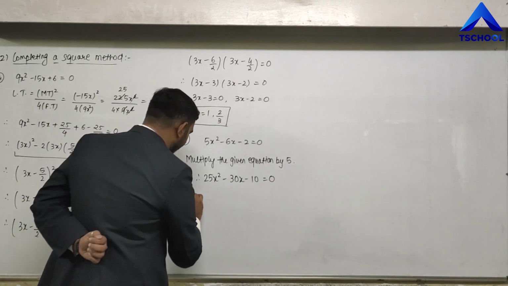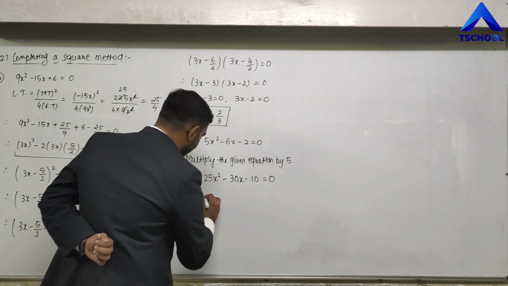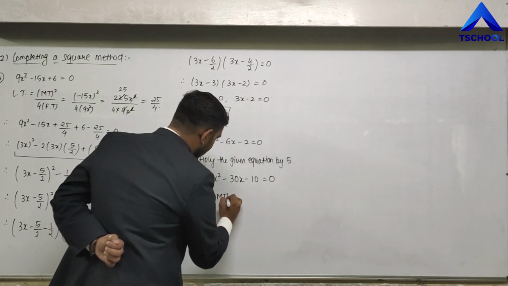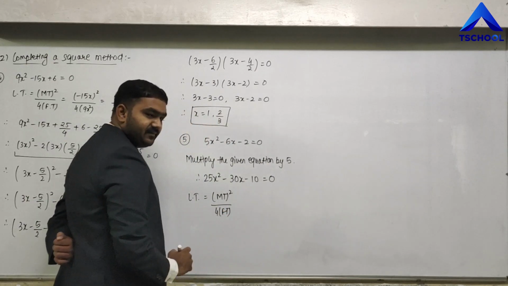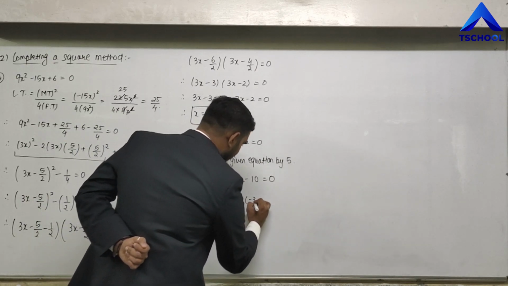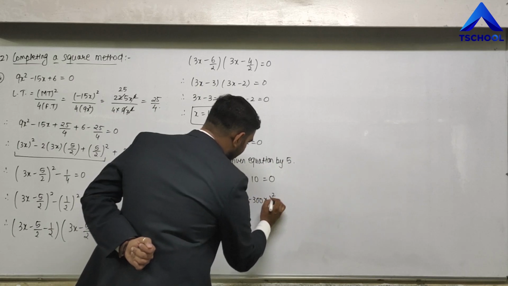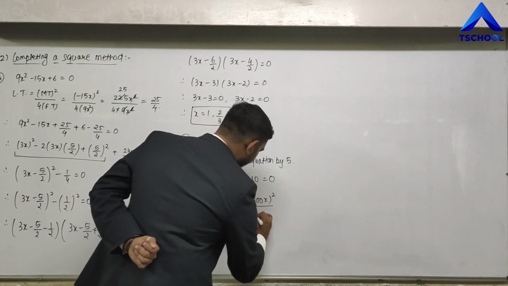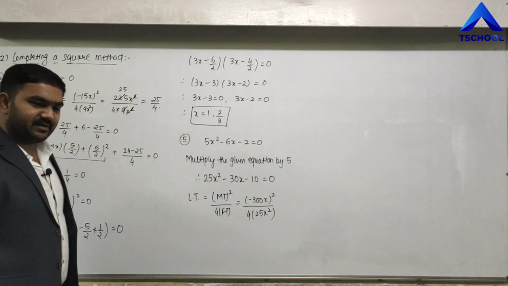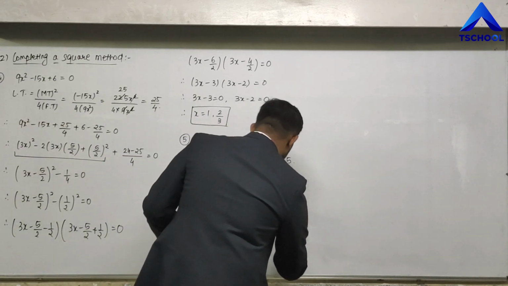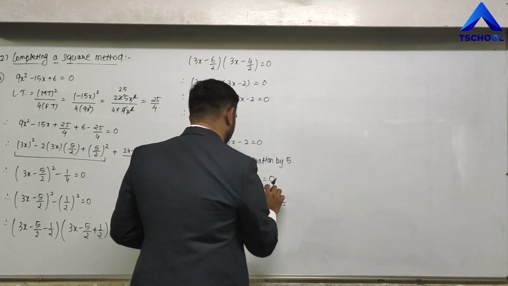Therefore now we shall find out the last term, that is middle term square upon 4 into first term, that is equal to minus 300x whole square upon 4 into 25x square, right? That is 30x, not 300x, friends.